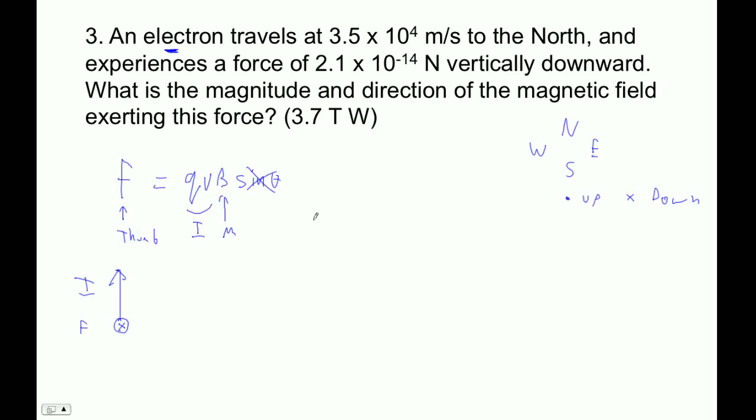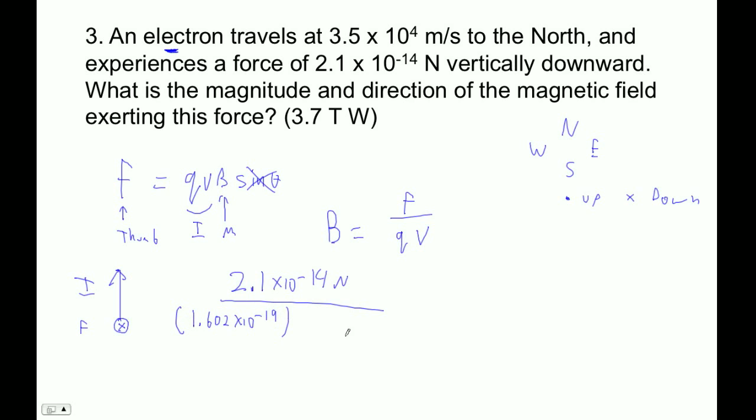Okay, and so we're solving for B, so B is equal to force divided by QV, right? Okay, so the force is 2.1 times 10 to the minus 14th newtons. It's an electron, right? So the charge of an electron is 1.602 times 10 to the minus 19th.